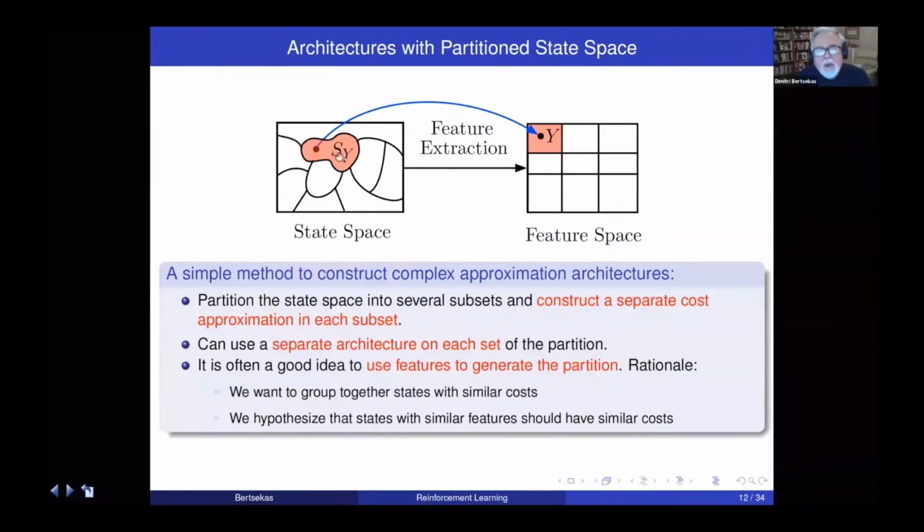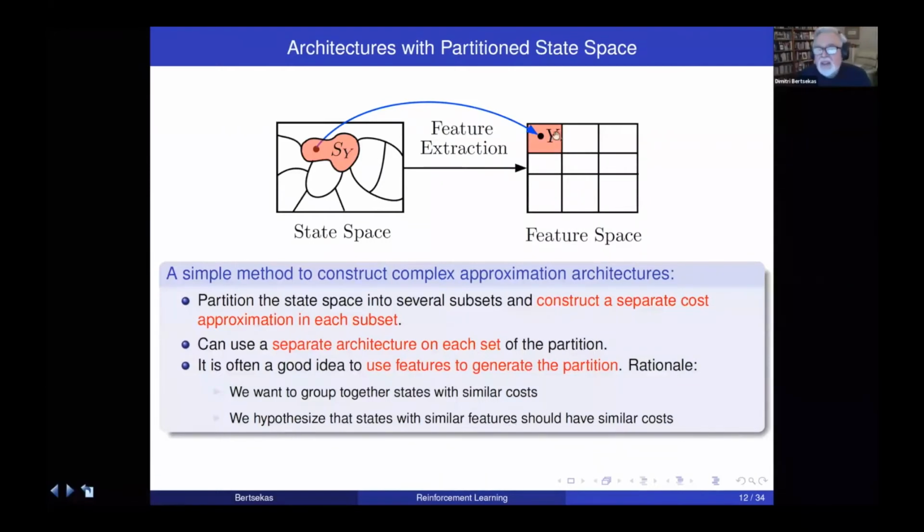The reason is the following. Basically, we want to partition the state space into subsets within which the target function changes relatively little and has similar structure. So the rationale is the following: we want to group together states that have similar cost function structure. And we hypothesize that states with similar features should have similar costs.